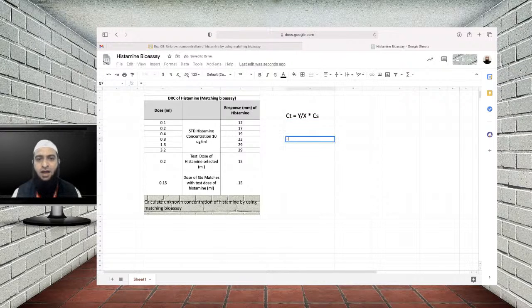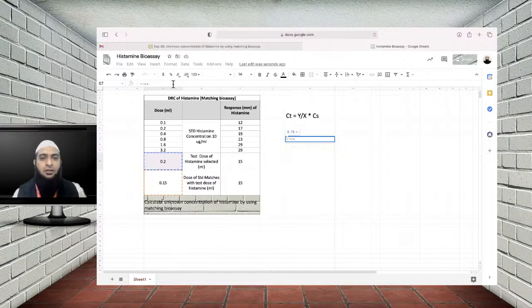Now we have seen what the Y is here. So CT is equal to, now what is CT? CT is the unknown concentration of the test that you need to calculate. Now what is Y here? The Y here is the dose of the standard that matches with the test dose of the histamine. So Y is equal to how much? 0.15. So I have selected 0.15 divided by what is X? X, we have seen, is the test dose of histamine selected, so it is 0.2 ml that I have selected.